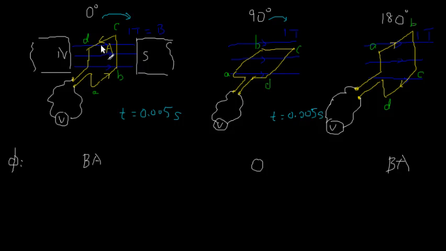We should compare the corresponding, the same edge of the loop, meaning that if you're looking at CD here, we should look at CD here. Now, if you look at the same edge, the current is flowing from corner C to corner D during the first 90 degrees. And in the next 90 degrees, the current is flowing from C to D again. So in other words, as far as the loop is concerned, the current has not changed direction. The current continues to flow in the same direction.